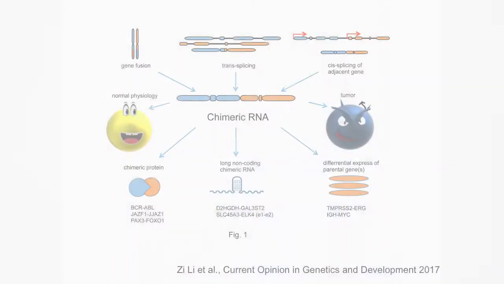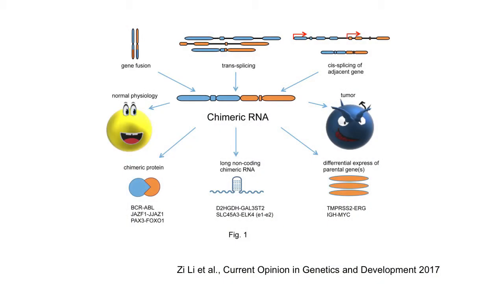And in this recent review, we actually highlighted some of the findings on that topic, where you could make chimeric RNA from well-known mechanisms like gene fusion in cancer, chromosome translocation. But there is also a mechanism like trans-splicing that could connect the RNA fragments into chimeric RNAs, as well as cis-splicing of adjacent genes.